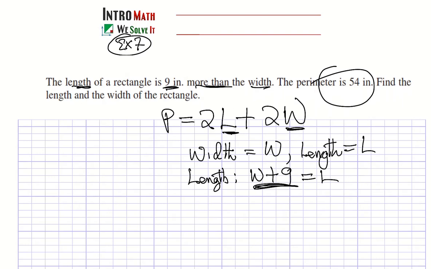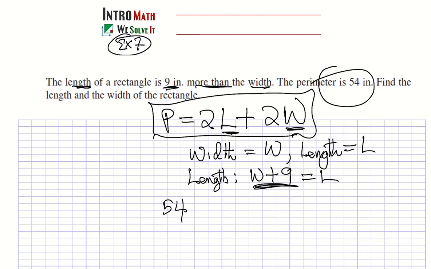Be careful because you see the perimeter is 54. You need to realize that P stands for perimeter, L stands for length, and W stands for width. So the perimeter is given as 54.